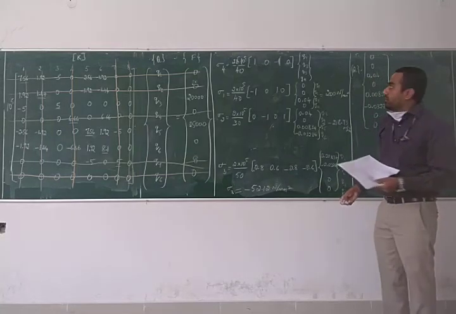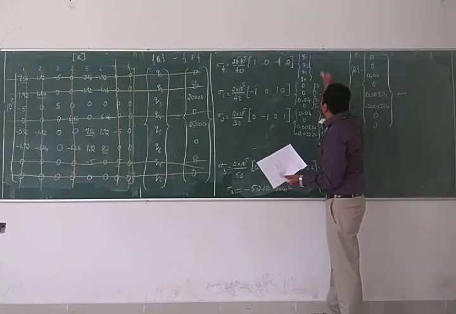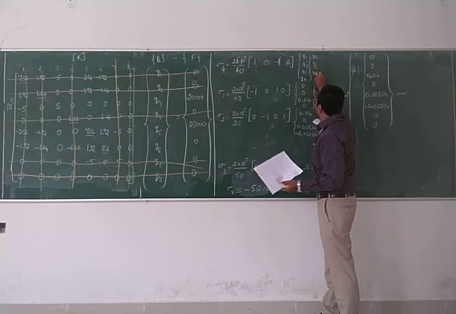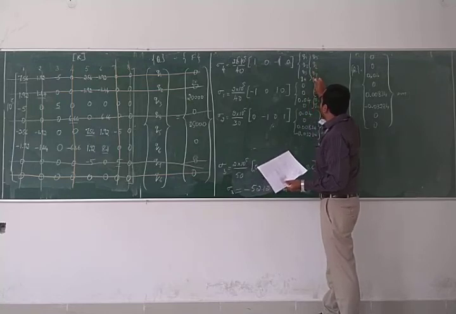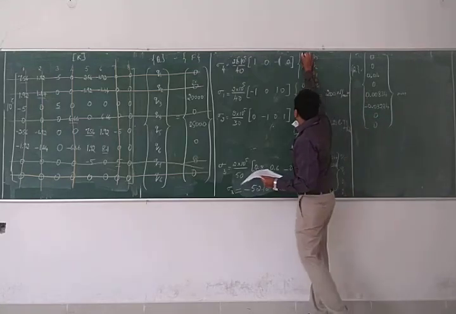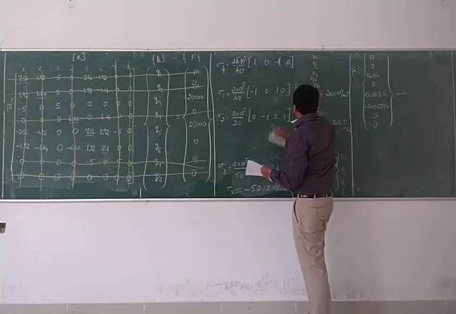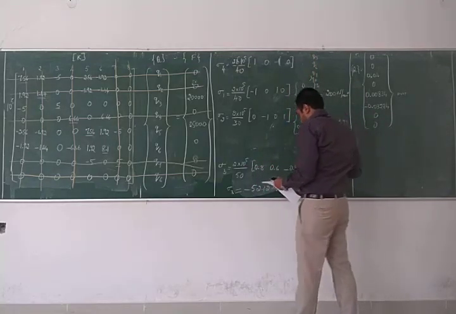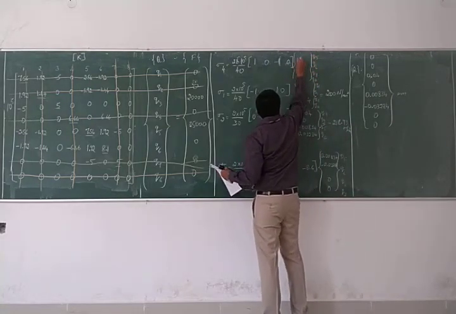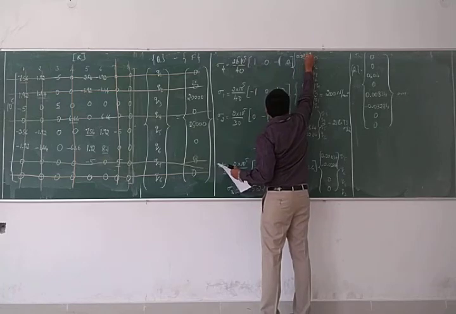For the third node, the displacements are Q5 and Q6. For the fourth node, displacements are Q7 and Q8. So it is 0.00834.